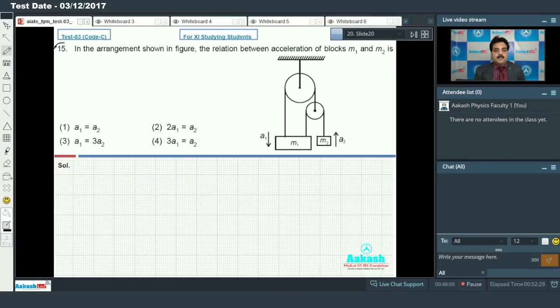Question number 15. In the arrangement shown in the figure, find the relation between the acceleration of block M1 and M2.